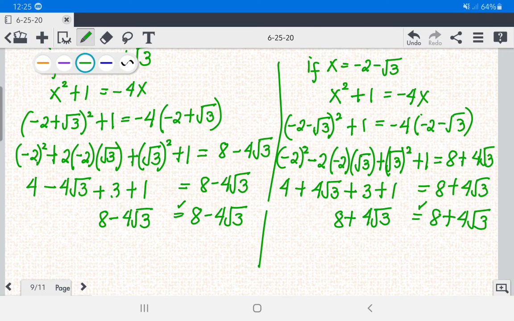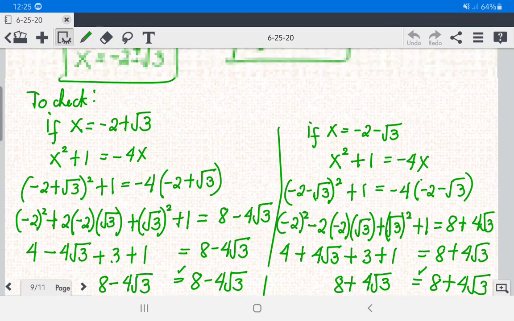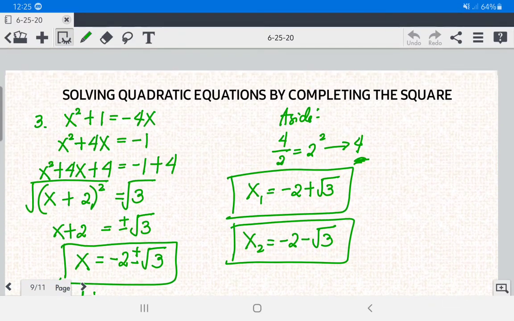Now, as you can see, both values of x satisfy the given equation.